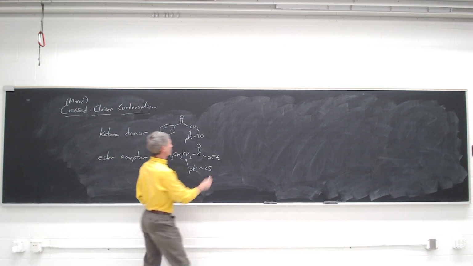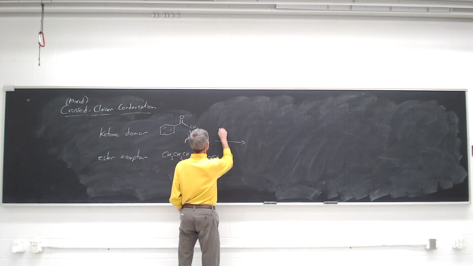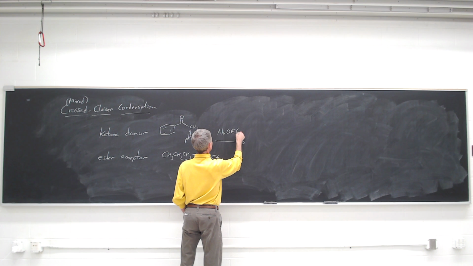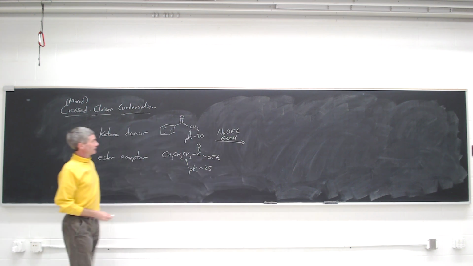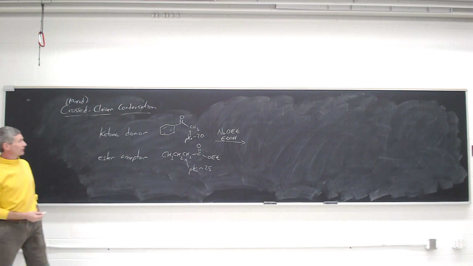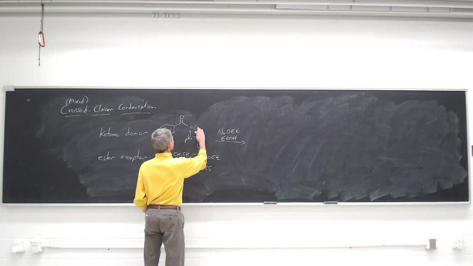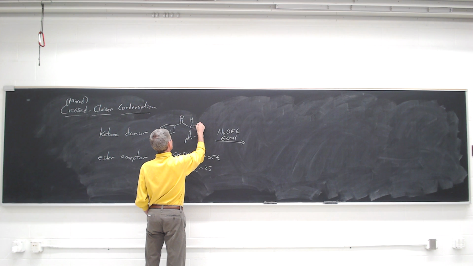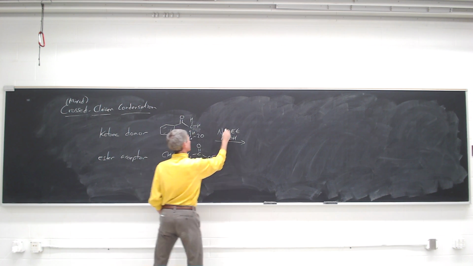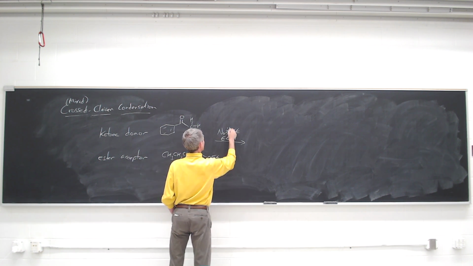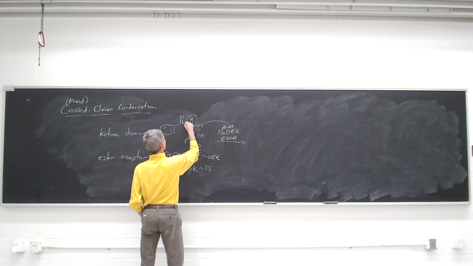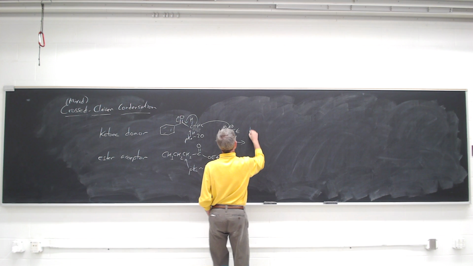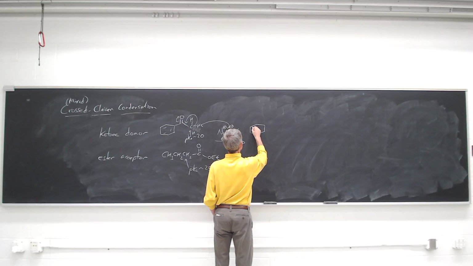So if we were to put this mixture into a solution of sodium ethoxide and ethanol, sodium ethoxide would preferentially react with the ketone to form the enolate.